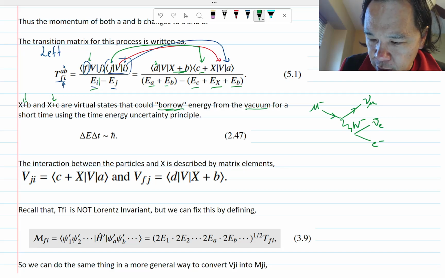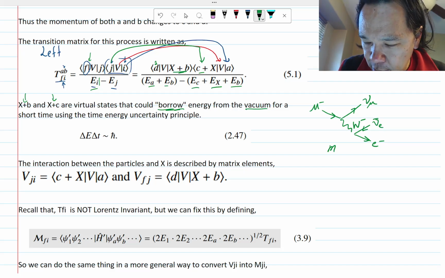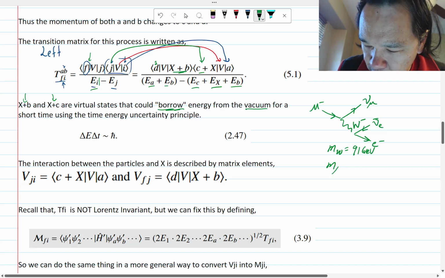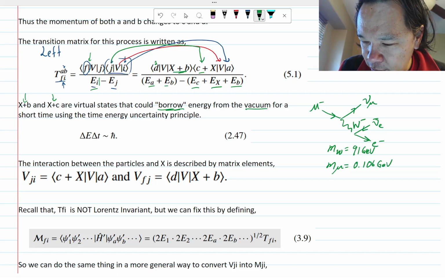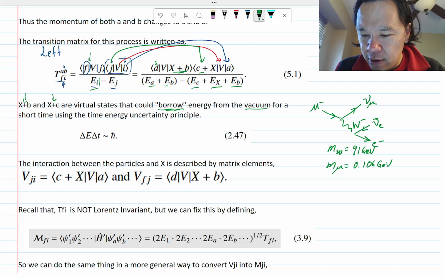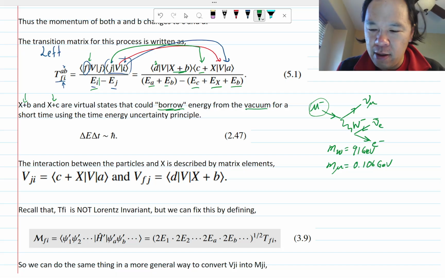The mass of the W boson is 91 GeV. The mass of the muon is 0.106 GeV.